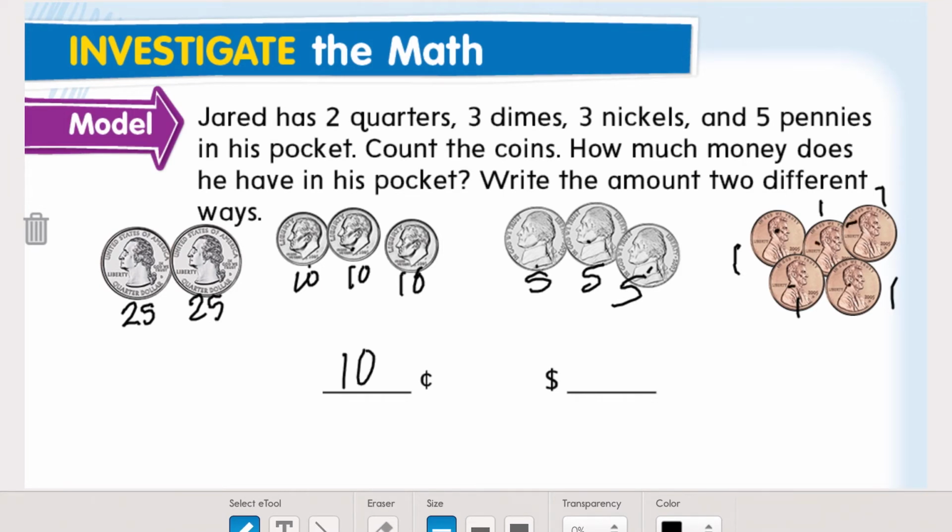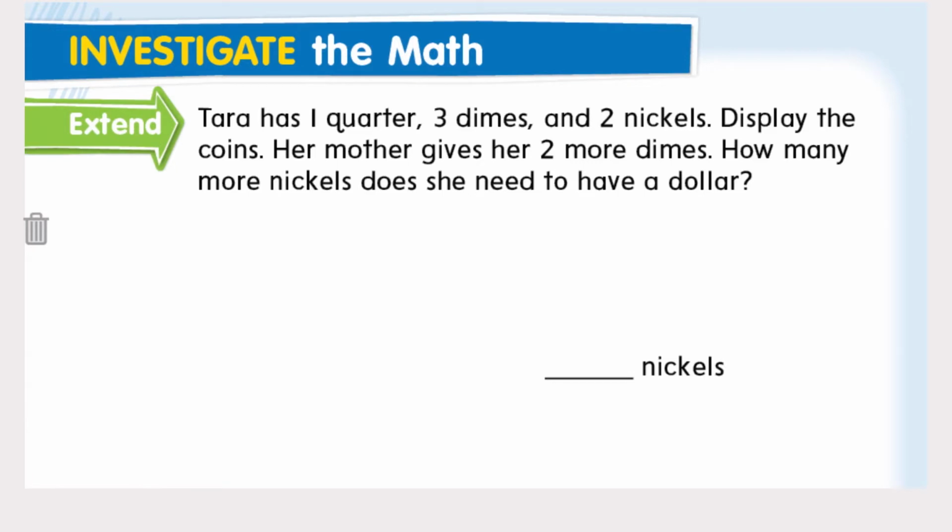So we have 100 cents, or Jared has 100 cents, or $1. Same thing. $1 is equal to 100 cents. He has 100 cents, so he has $1.